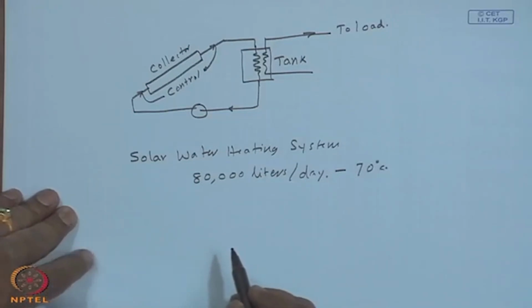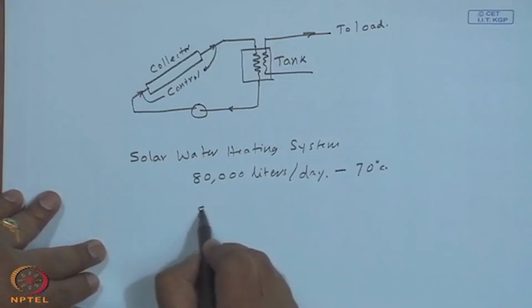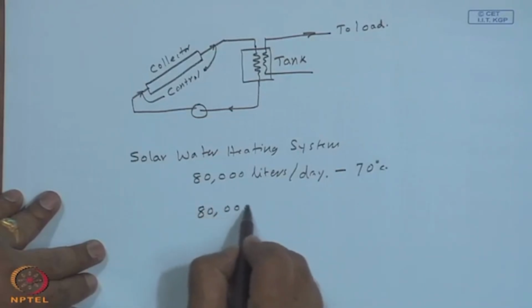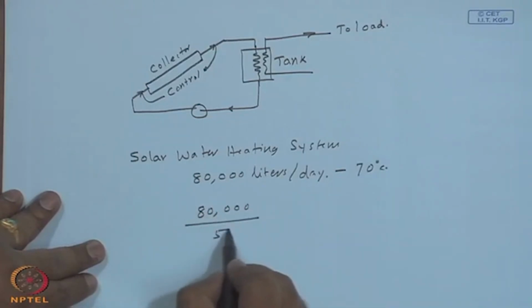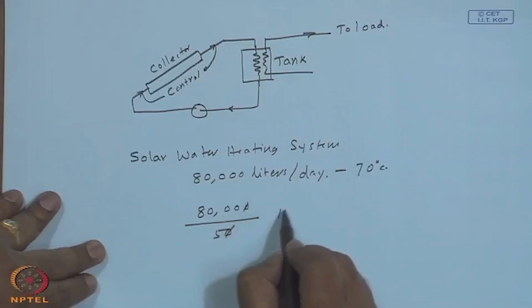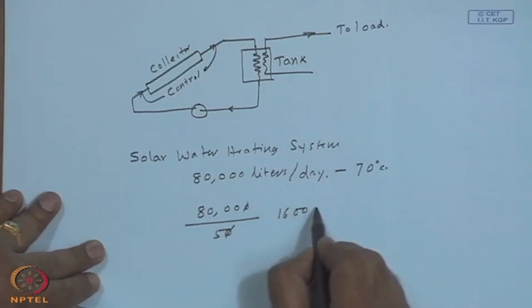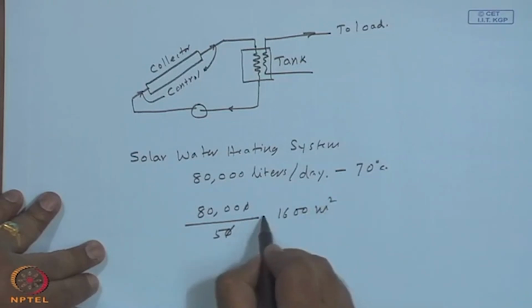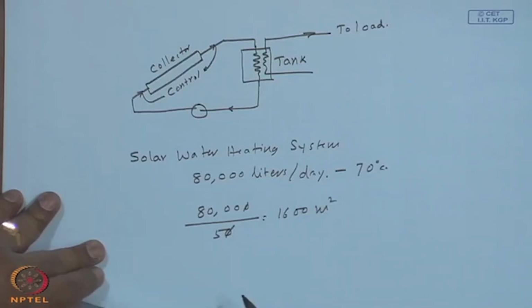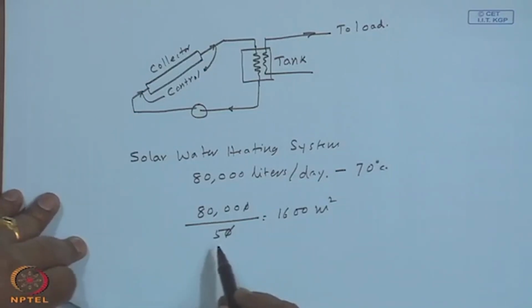So, this will require approximately, if I may say so, 80,000 divided by 50, that comes to 1600 meter square. At 70 degrees centigrade, I am assuming 1 square meter collector area will deliver about 50 liters per day.